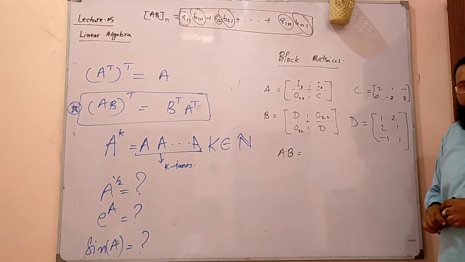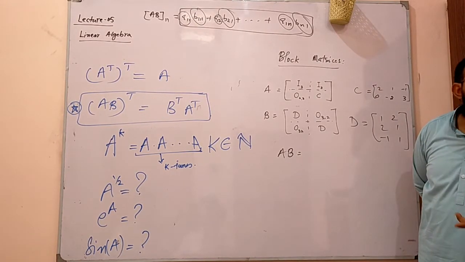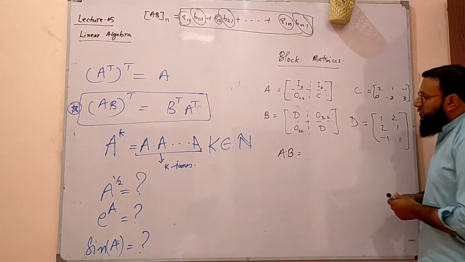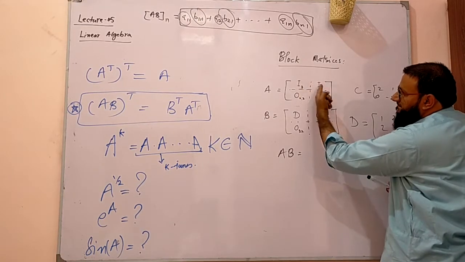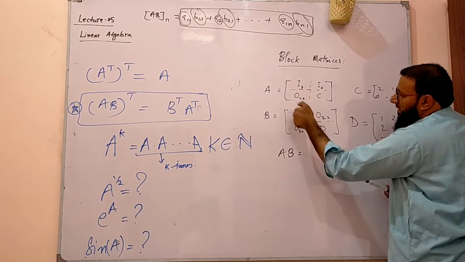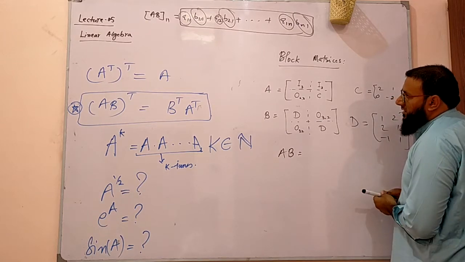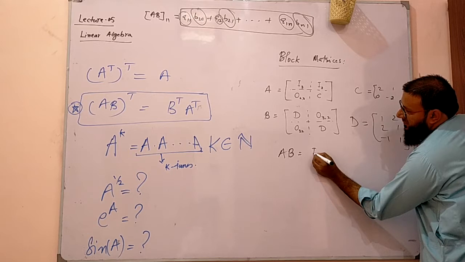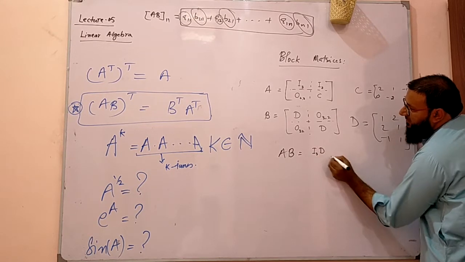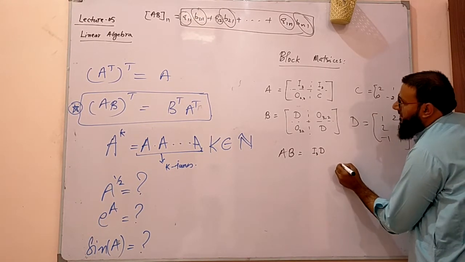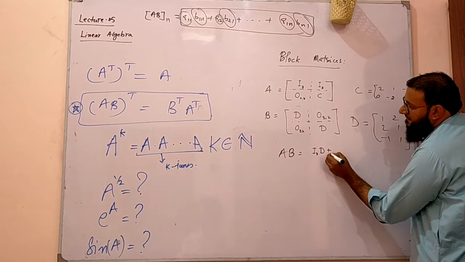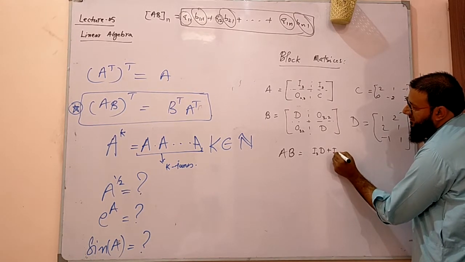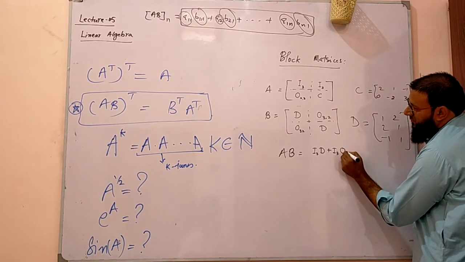How do you find this product? Clockwise, it's very simple. You take this row and multiply with the column. It means identity multiplied by D, plus I3 multiplied by I3 432.